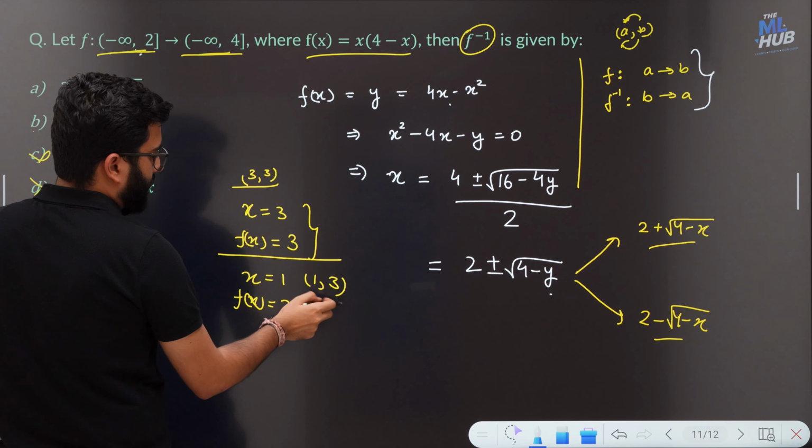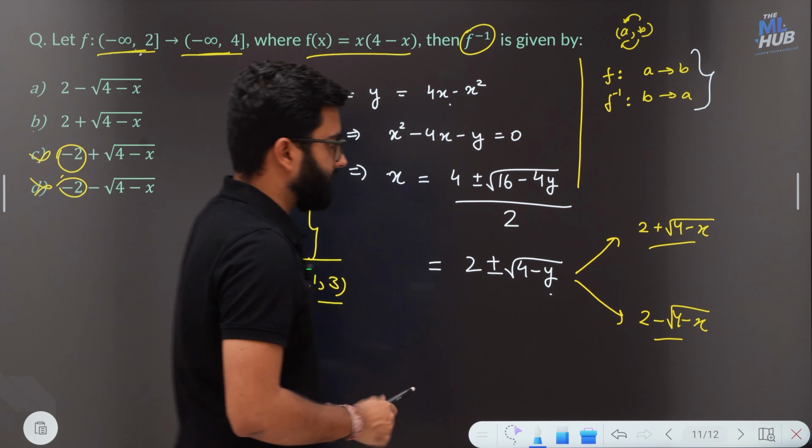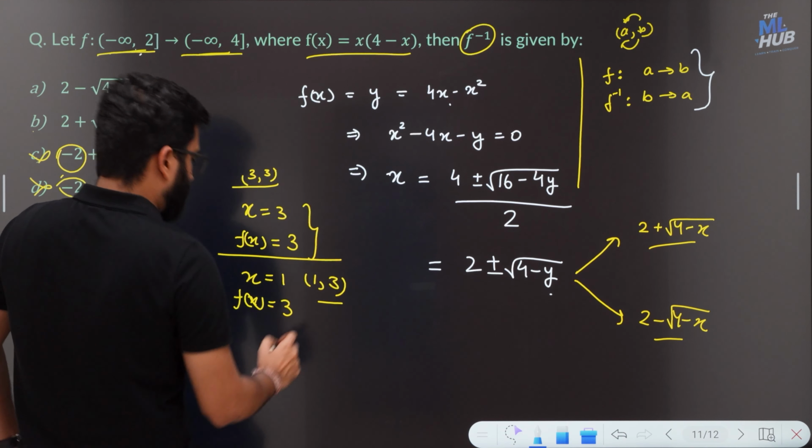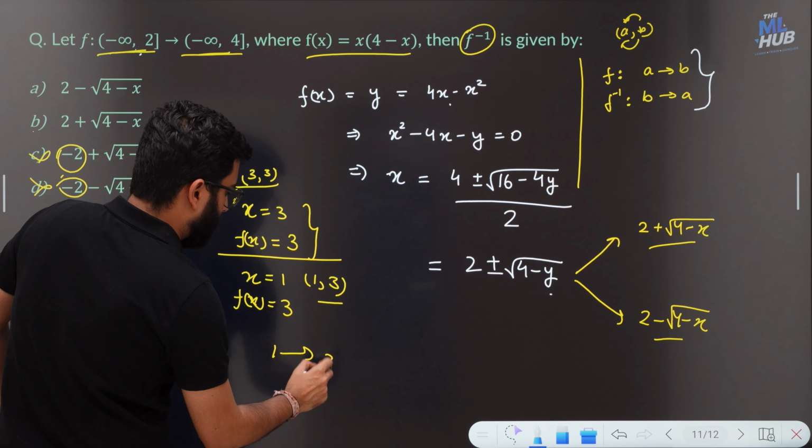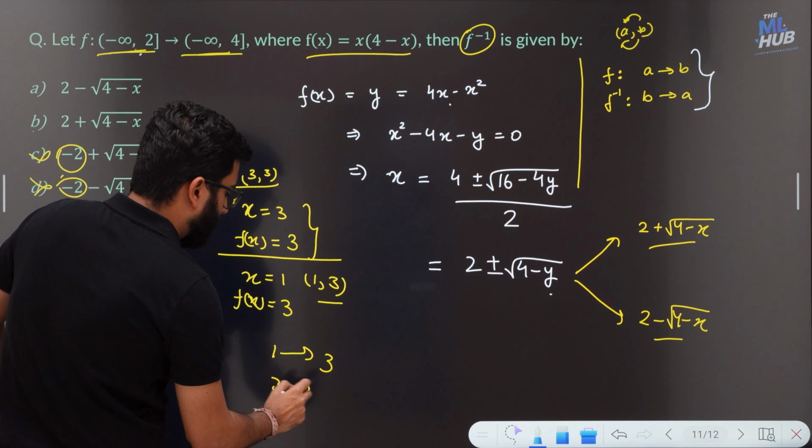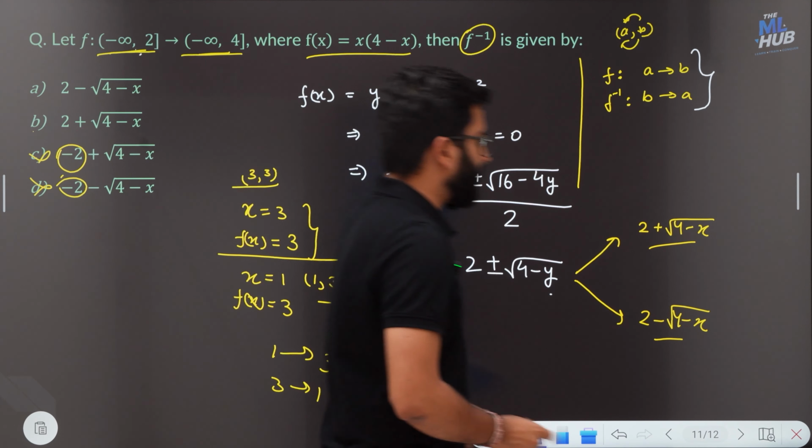So let's assume we have point 3 comma 3 and we have point 1 comma 3. Then both 3 comma 3 and 3 comma 1 should be present over here. Okay, so it is a mapping from 1 to 3. Then there should be a mapping from 3 to 1. Let's put 3 over here.